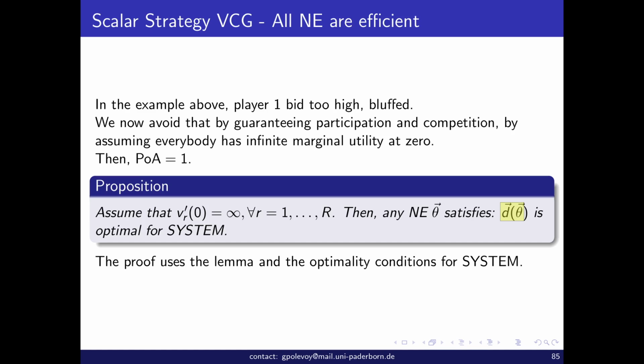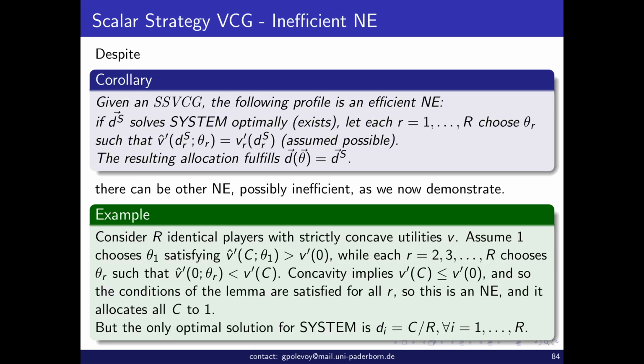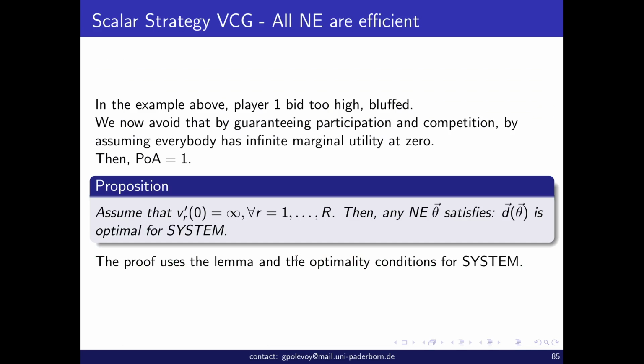That's something which cannot happen in this example. In particular, if the derivative of v at 0 is infinite, we cannot choose something which is strictly greater than that. Okay, the proof uses the lemma and the optimality conditions, based on the first derivative, for the system of allocation.